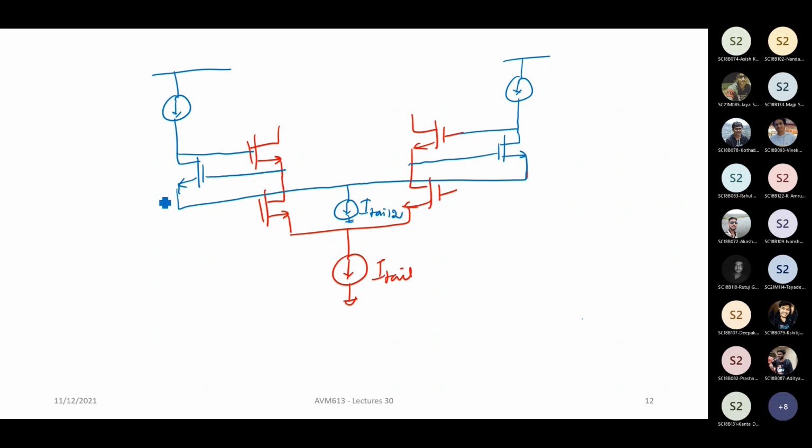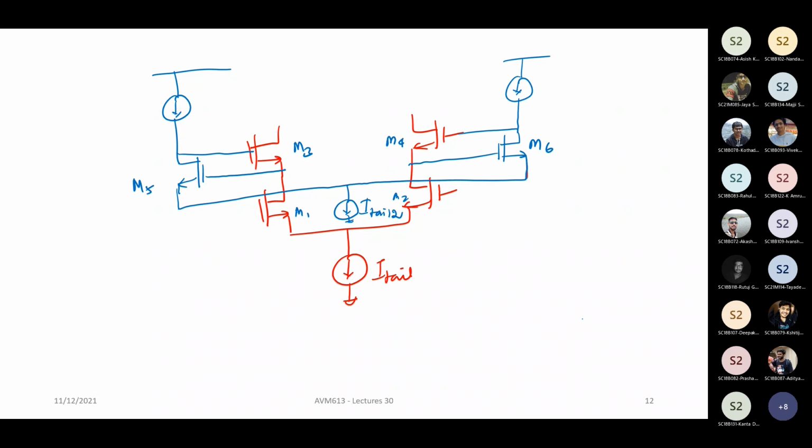Okay, so if this is M1, M2, M3, M4, let's call this M5 and M6. So M5, M6 forms a differential pair with the tail current source ITail 2, and then you have this kind of a configuration which is going to work.